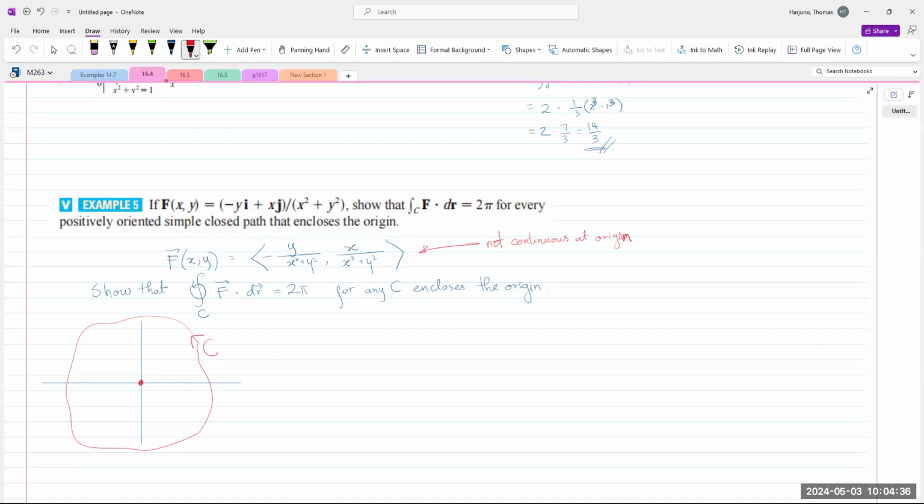Now the trick is as follows. We will draw a circle, maybe a very small circle, or any circle with radius r fully inside of that C. And it will run in the following way.